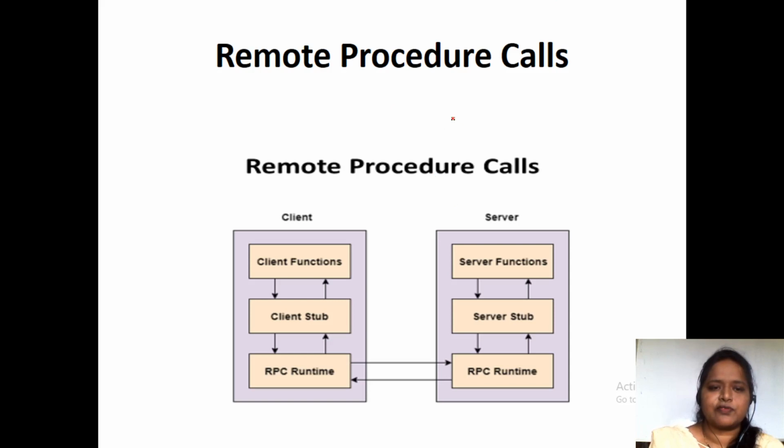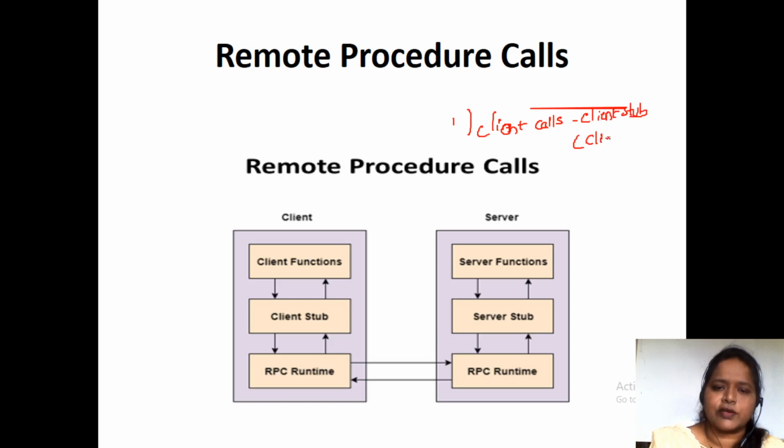What is the first one? Here the client calls the client stub, or we can call it the client proxy. So this is the client and this is the server.